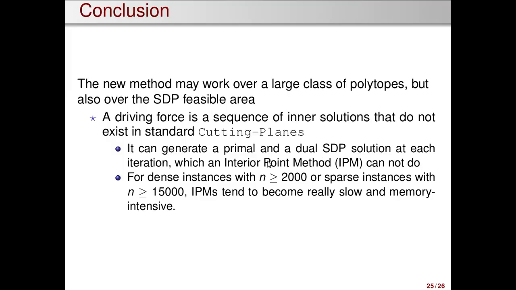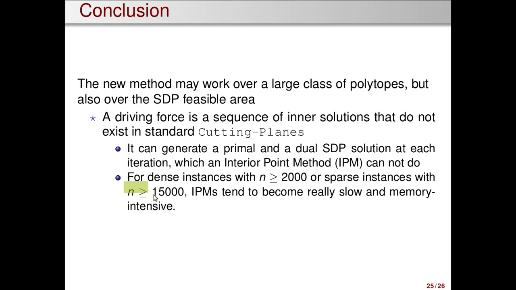at each iteration, something an interior point method cannot do. And I have hope to beat the interior point methods if n is above 2000, because I think in such a case IPMs will run out of gas for dense instances, or for sparse instances.